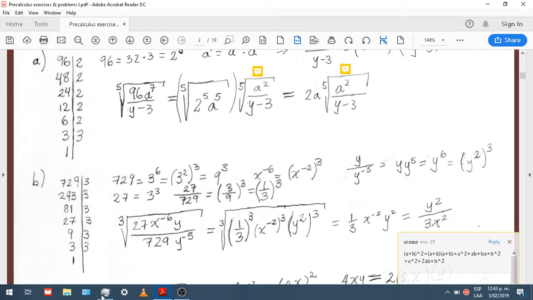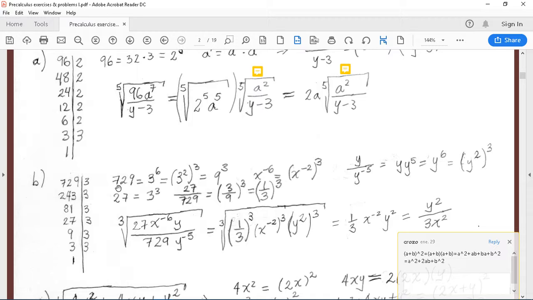So that is 729 equals 3 to the 6th, which is equal to 3 squared to the 3rd. 3 squared equals 9. So 3 to the 6th equals 9 to the 3rd.